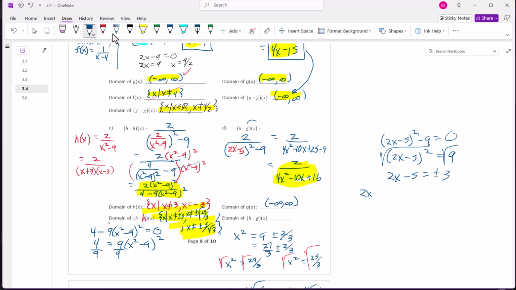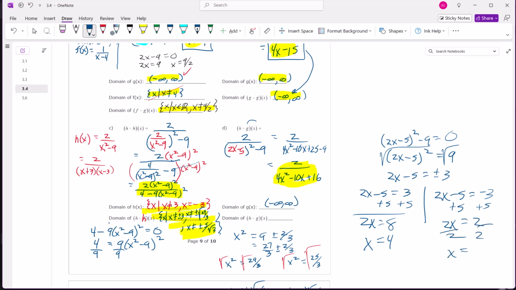So now we're going to have 2x minus 5 equals 3, and 2x minus 5 equals negative 3. So over here we have 2x equals 8. x equals 4 is something we have to eliminate from the domain. Over here, 2x equals 2, so I have x equals 1.